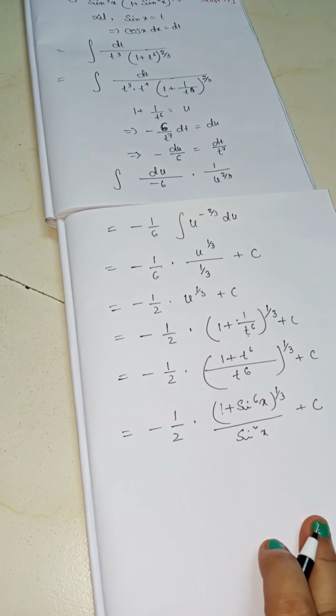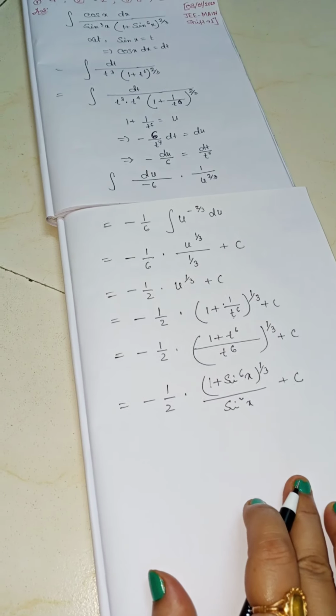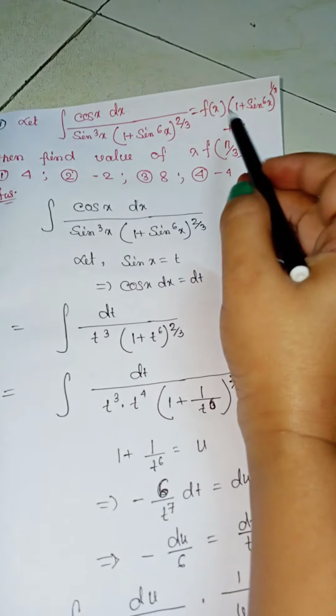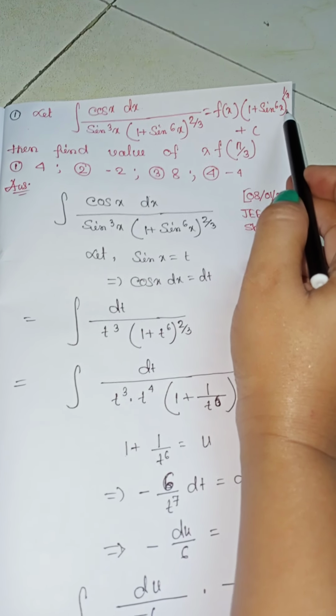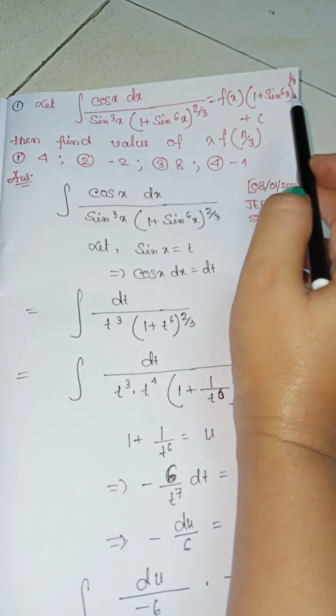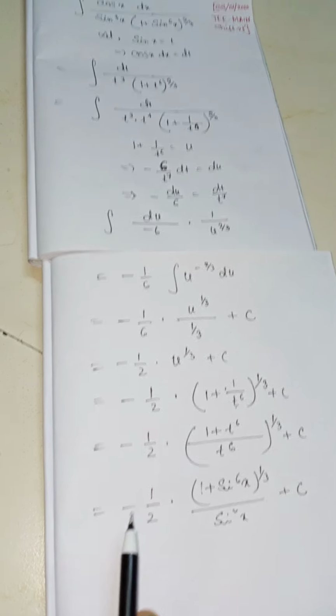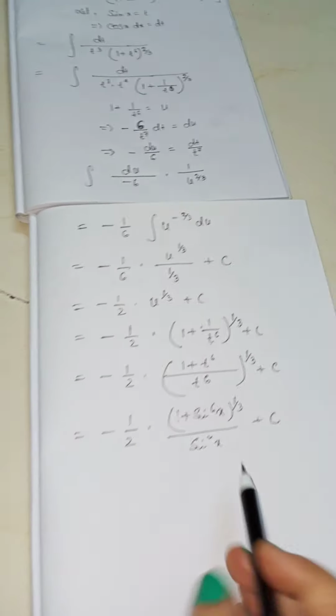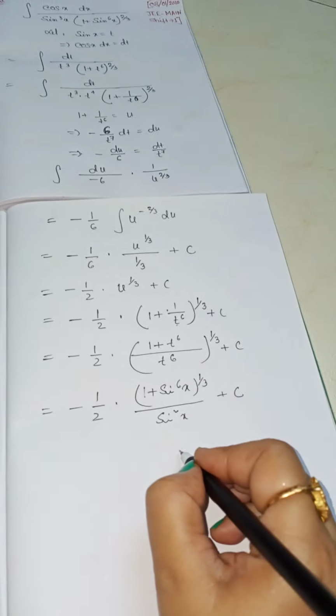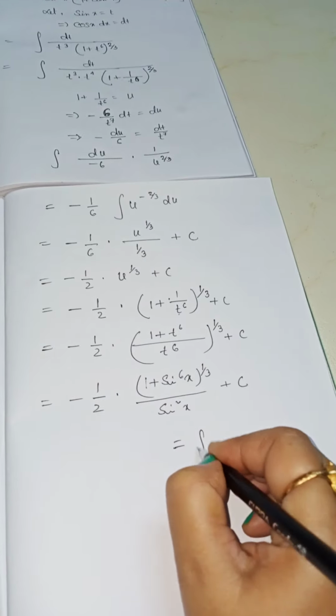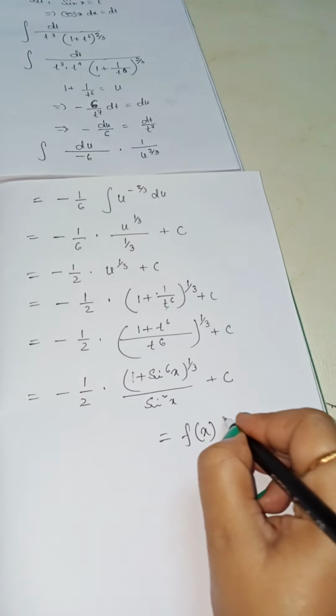Now our given right hand side is f(x) into (1 plus sin to the power 6x) whole to the power 1 by lambda plus c, and we reached the left hand side equal to this.